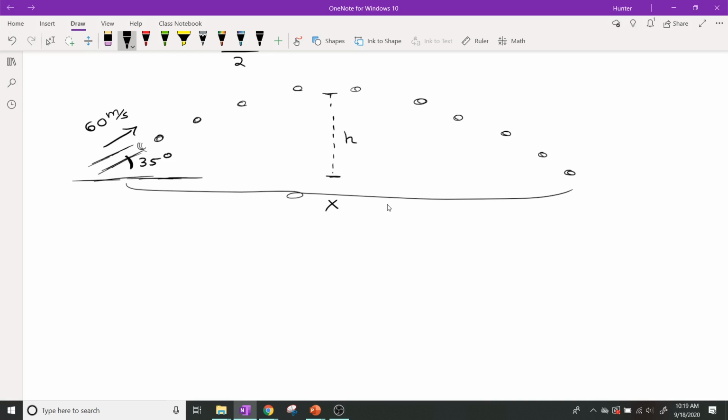So I'm looking for three things here: t, h, and x. And I do have two things, a speed and an angle, and a couple of other things that can be used as well. Can we find all of these pieces of information using our tools of kinematic equations? And the answer is I think so. We'll find out. What do we do?